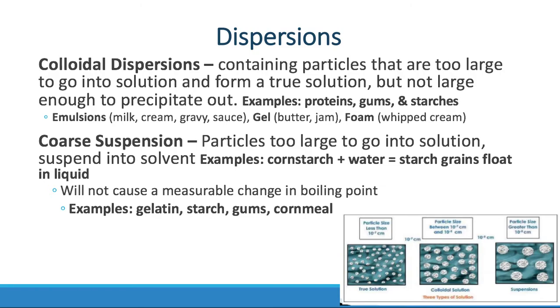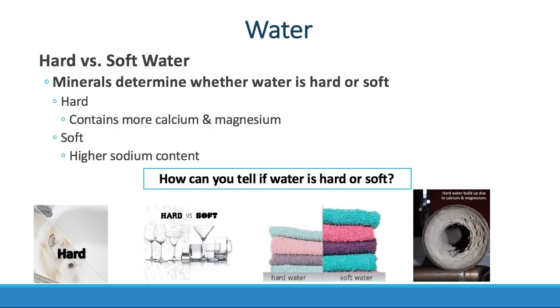So we have a couple other characteristics of water. Most water isn't necessarily pure. Water might contain dissolved gases, different minerals, salts, soil, okay, that might be dissolved within it.